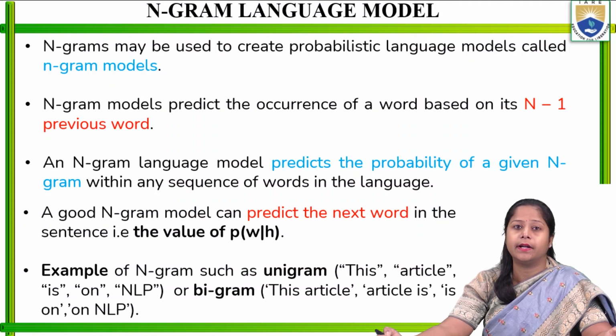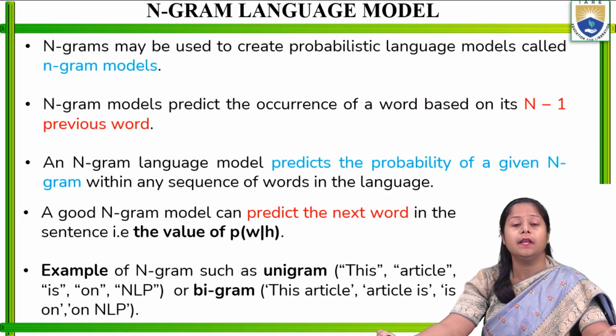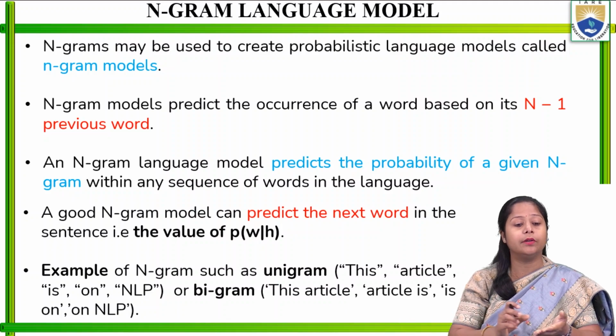Now we will discuss what the n-gram language model actually is, and how to implement it. An n-gram can be used to create a probabilistic language model, the n-gram model. The n-gram model predicts the occurrence of a word based on its n-1 previous words.